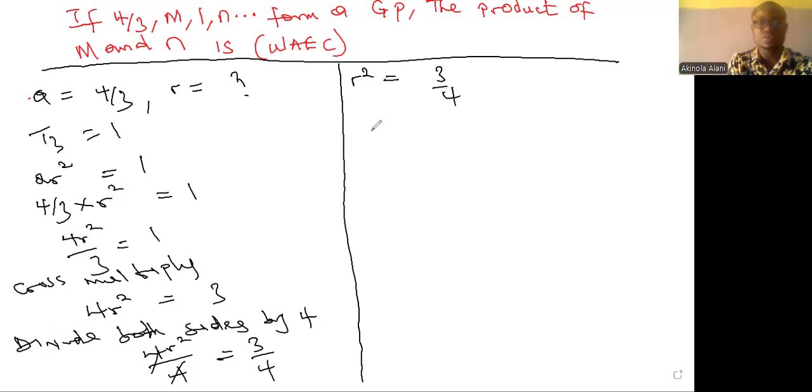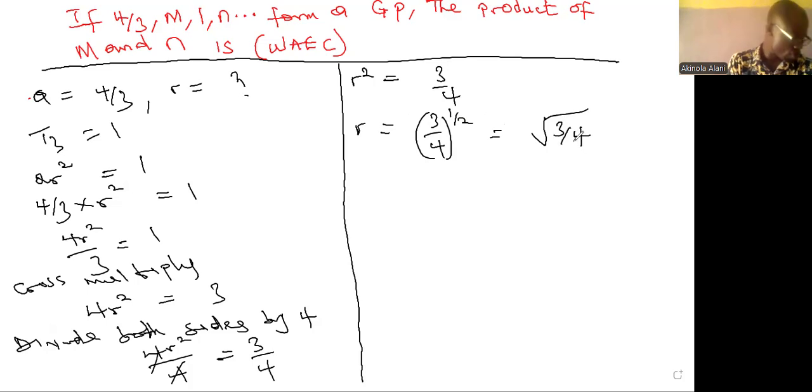If R squared is equals to 3 over 4, that means my R is equals to 3 over 4 raised to the power of half, which is the same thing as square root of 3 over 4. Now, this is the value of my R. Now, I can find my m and I can find my n now.